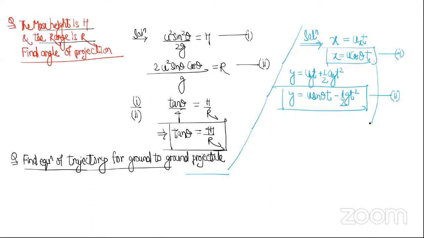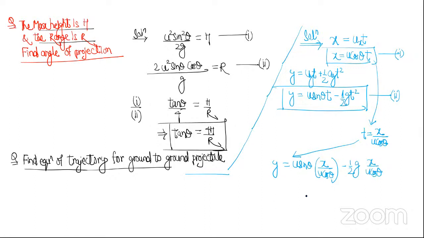Take t from here. How much? It's x by u cos theta. Put it in equation number 2. So this comes out to be y equal to u sin theta, put in x by u cos theta, minus half g, in place of t, x by u cos theta square.